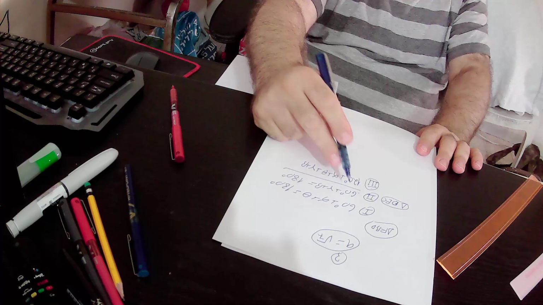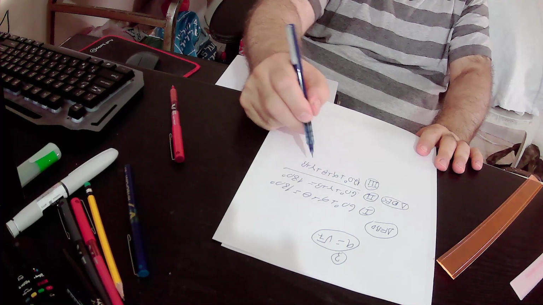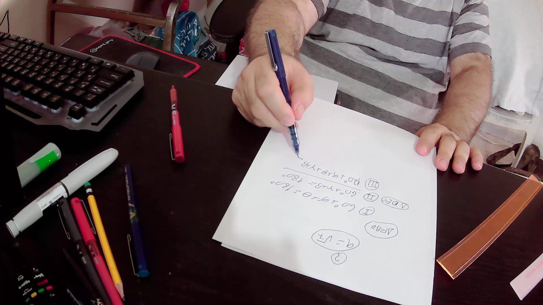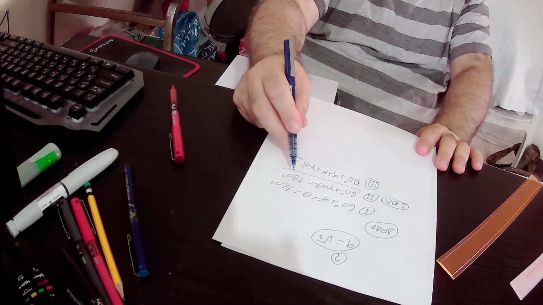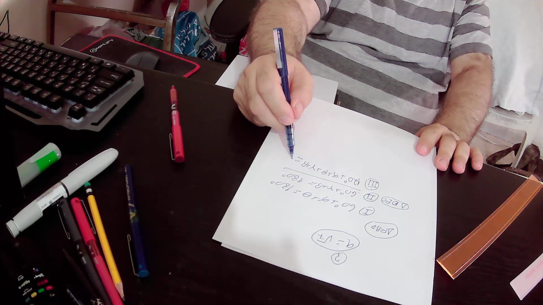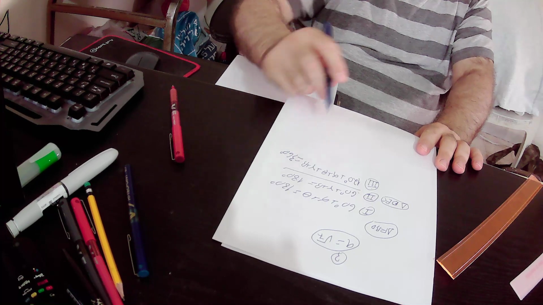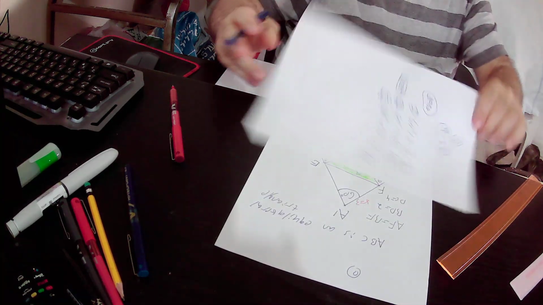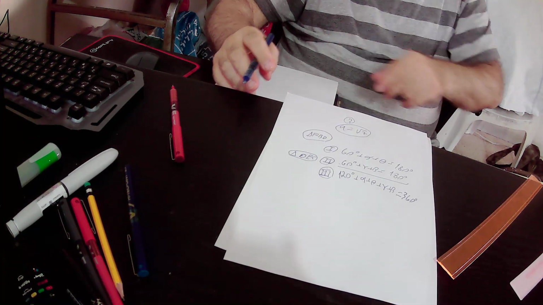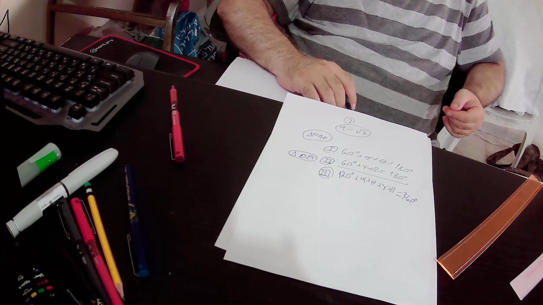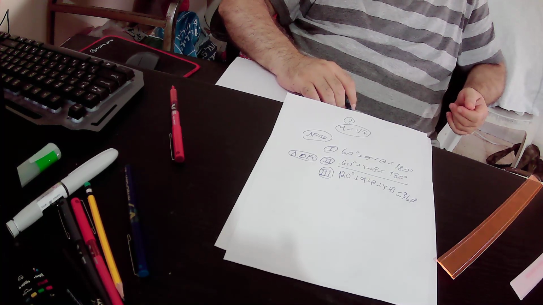We added equation number 1 to equation number 2. On the other side of the equation, we have 180 degrees plus 180 degrees equals 360 degrees. In total we got that 120 degrees plus alpha plus theta plus gamma plus beta equals 360 degrees.